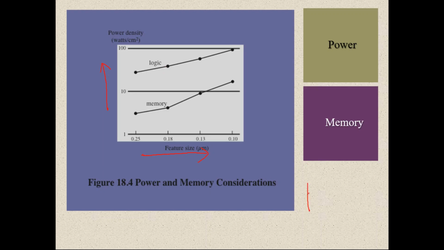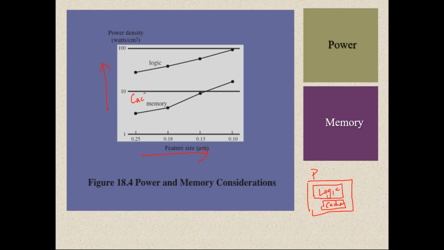The processor contains logic circuitry and cache, but the power requirement of cache is less than that of logic. So one way to reduce the power requirement is to use more area for cache and less area for logic circuitry.